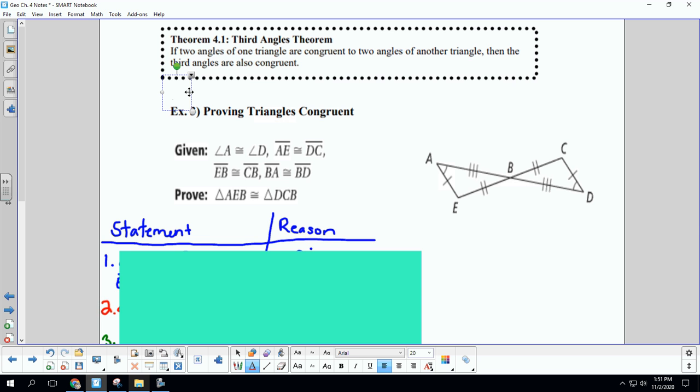we'll write it down later too, but the Triangle Sum Theorem. All angles in a triangle add up to 180.